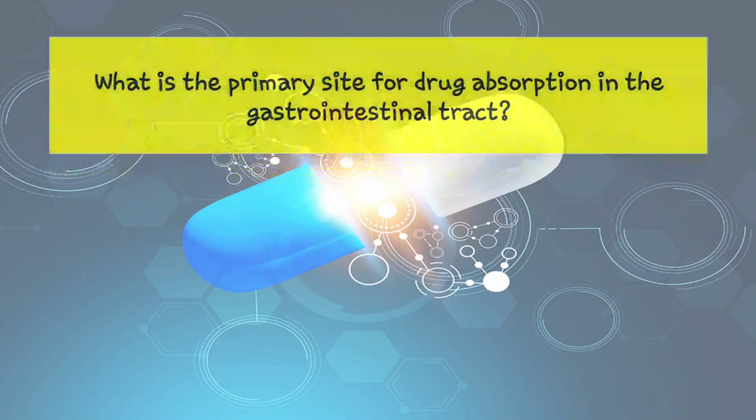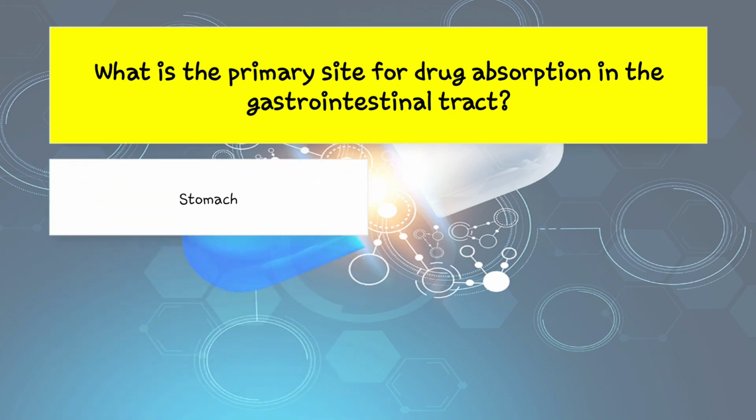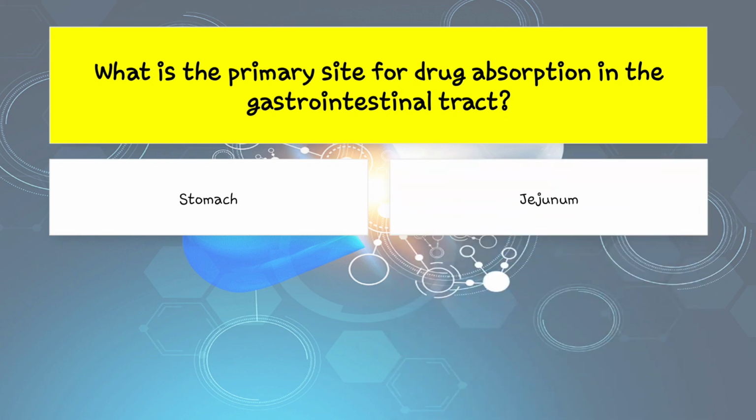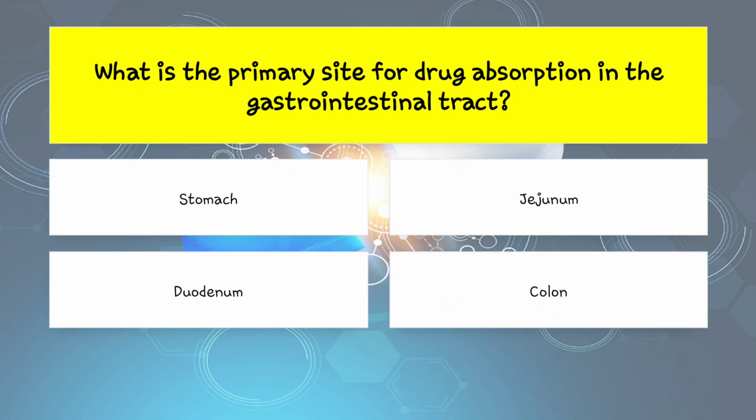The first question is, what is the primary site for drug absorption in gastrointestinal tract? And the options for these questions are A. Stomach, B. Jejunum, option number C. Duodenum, or option number D. Colon.